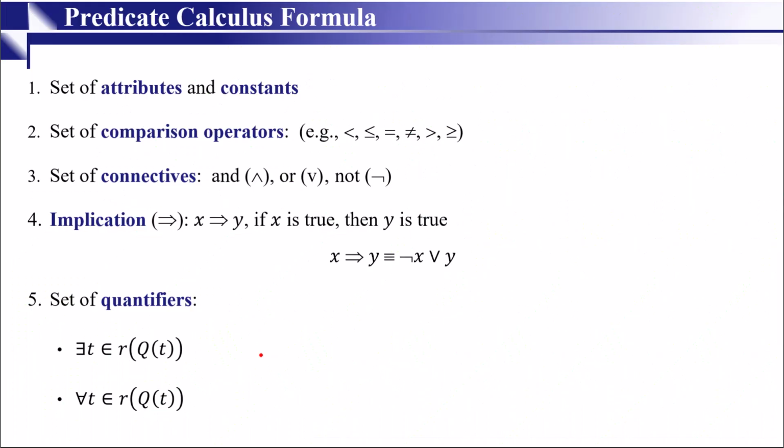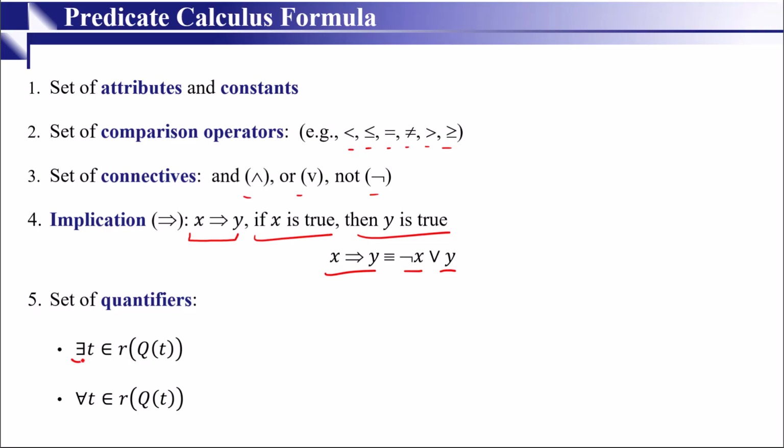We have attributes and constants. Then we have comparisons like less than or equal, not equal, greater than or equal. We have a set of connectives like and, or, and not. Then we have implication. When we write x implies y, it means if x is true, then y is also true. You can write it as not x or y. Then we have a set of quantifiers.